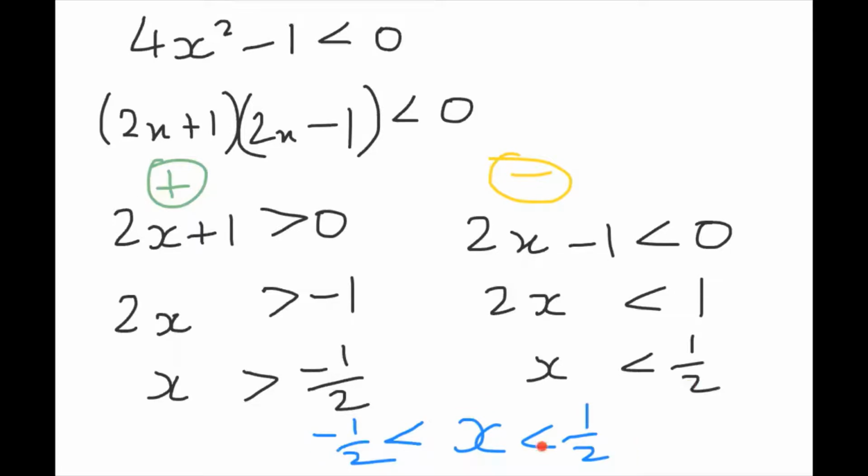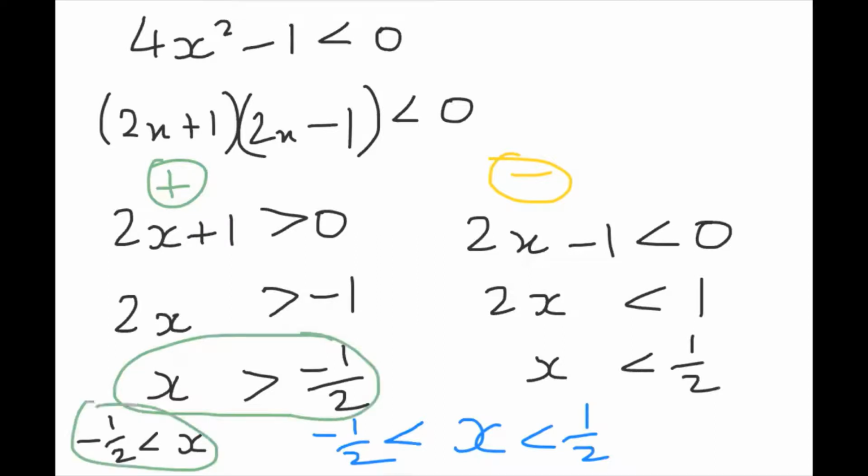X is less than a half, but I flipped this around. So I just flip this part around, then it gives me that. And I can actually see this part is over here.